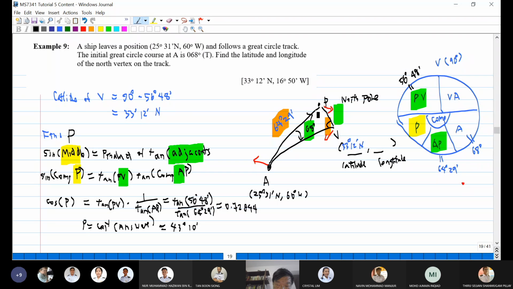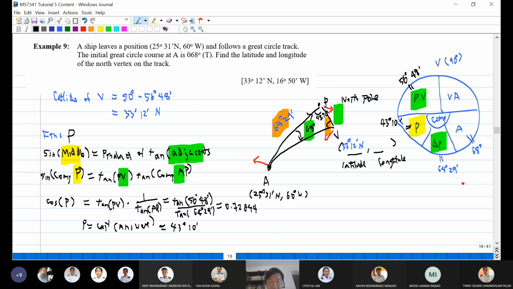So this angle P here, 43 degree 10 minutes. Okay, 43 degree 10 minutes here. What angle P? Okay, 43 degree 10 minutes.